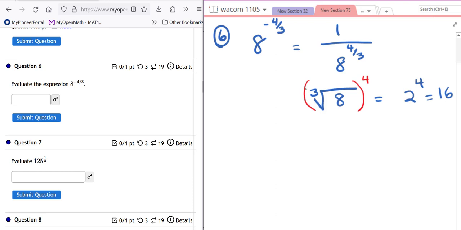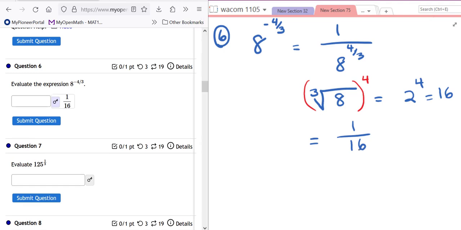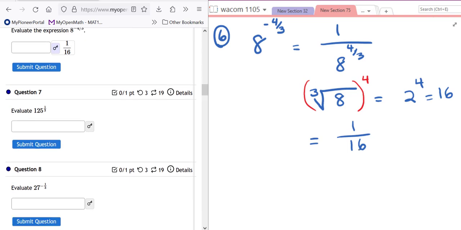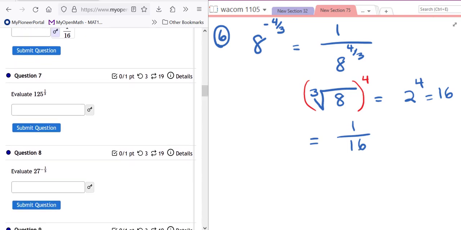Now, don't forget we were just working on the denominator. So this is really 1 over 16. So if you have a negative exponent, switch that to the denominator so you have a positive exponent before you can really go into your other notation.